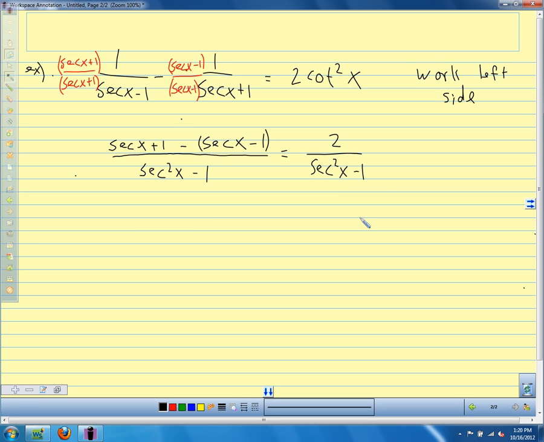And if I look at my Pythagorean identities, I have an identity for tangent squared and secant squared. Secant squared x minus 1 is just tangent squared x. So I get 2 over tangent squared x, which is the same as 2 cotangent squared x. So I showed that I could get from this to this. So I verified that identity.